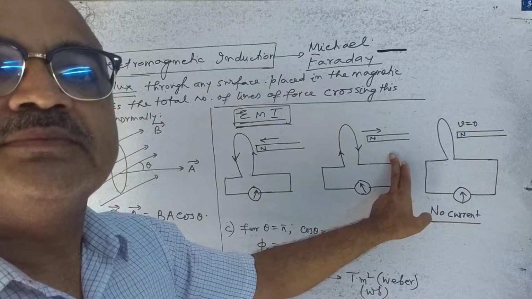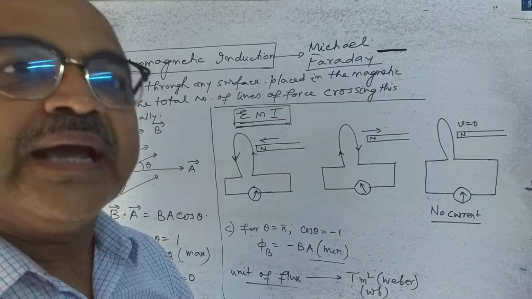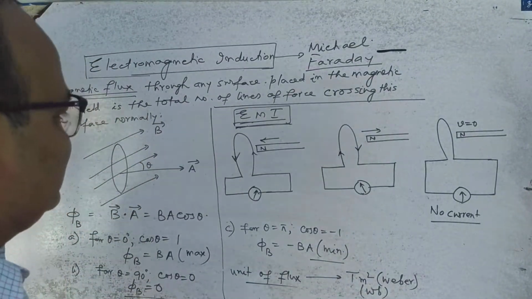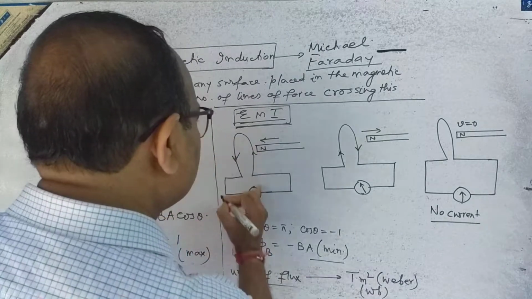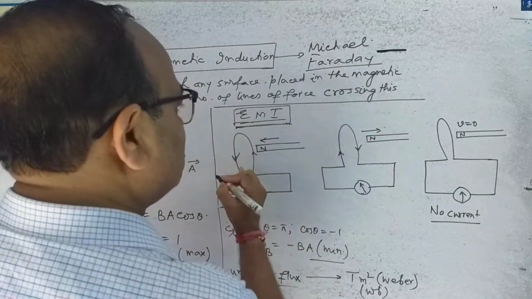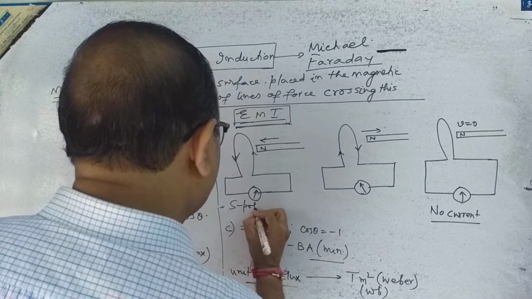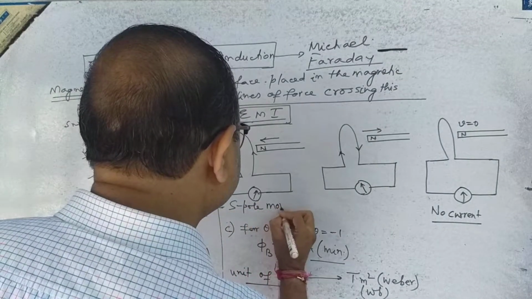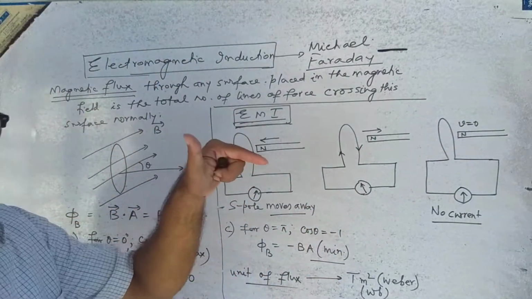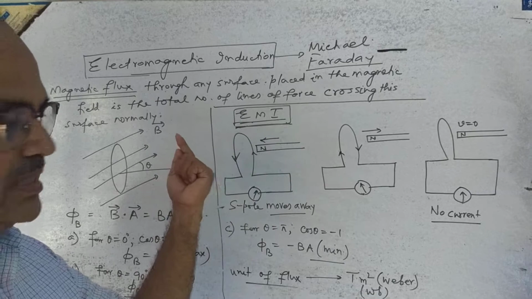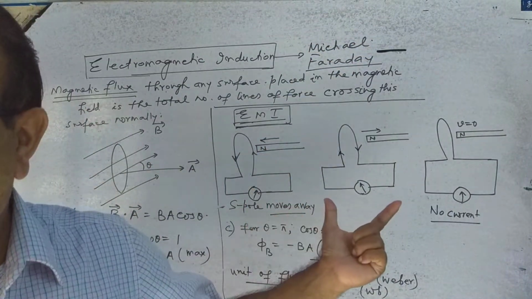The similar phenomenon can be observed in this case. This anti-clockwise current will be seen if the south pole moves away. Opposite: north pole towards, and south pole moving away, give the similar direction.